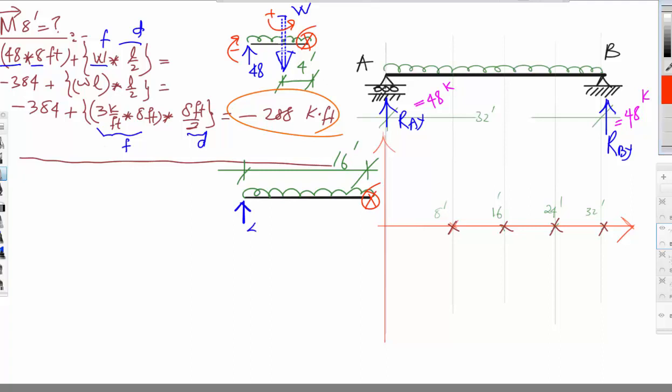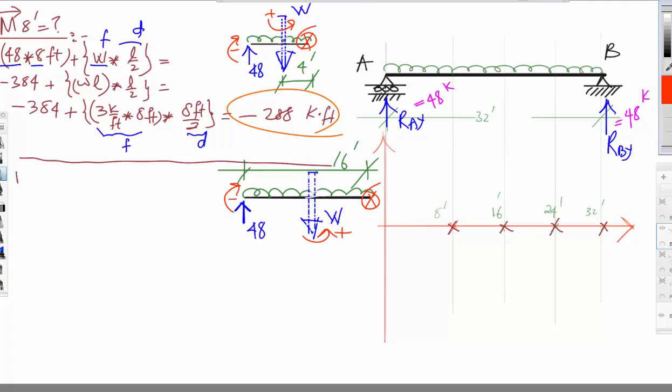This is 48, and we say the equivalent of this uniform load will be somewhere here in the middle, and we call this uppercase W. And the distance is L by 2. So rotation, this will be the same here. This will be in this direction, negative, and this is positive.